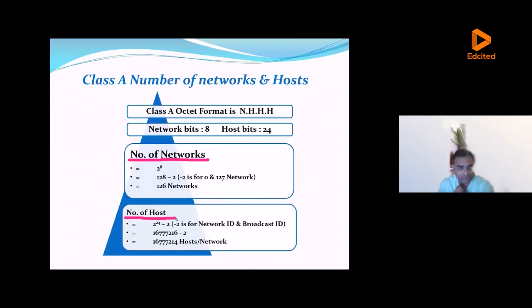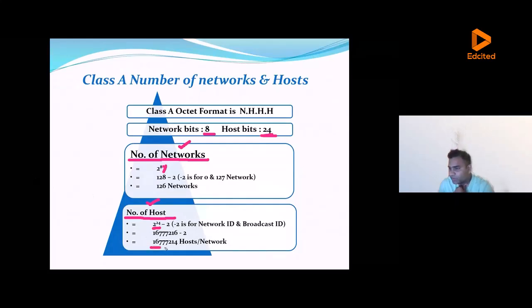We can have 2 to the power of the number of network bits, and 2 to the power of the number of host bits. Here the network bits are 8 and the host bits are 24. The network bits show the number of networks, and the host bits show the number of computers you can connect.